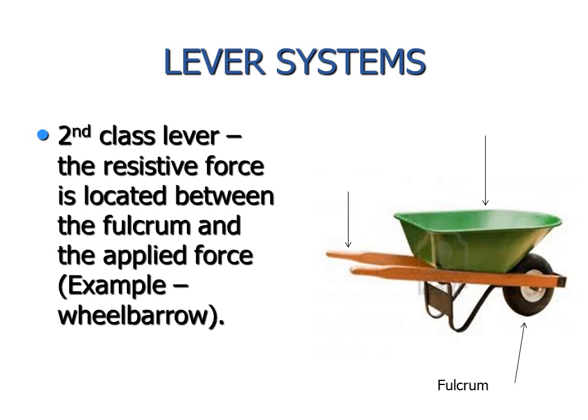With a wheelbarrow, the fulcrum is in the front at the wheel, and then the resistive force is applied in the bucket of the wheelbarrow. We call that the load, a load of stones or a load of dirt. That would be the resistive force, and then the applied force is applied to the distal end of the handles that hold up the wheelbarrow.